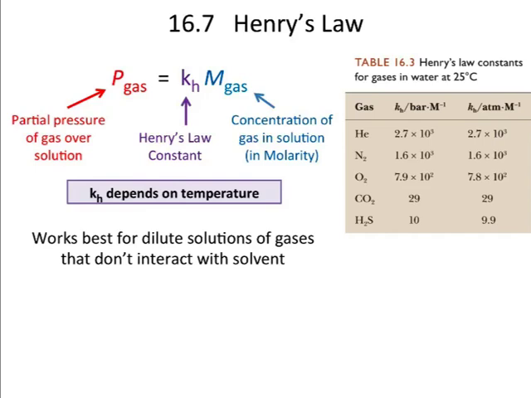This works best if you have a dilute solution of gases and it's not very concentrated, like many of our equations in chemistry do. You also need the gas to not interact with the solvent. So think about hydrochloric acid. Hydrochloric acid is made by taking hydrogen chloride, HCl, the gas, and dissolving it into water.